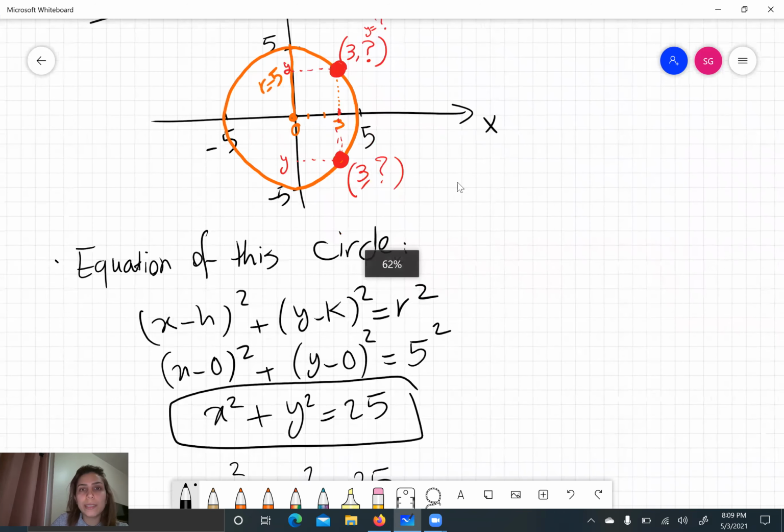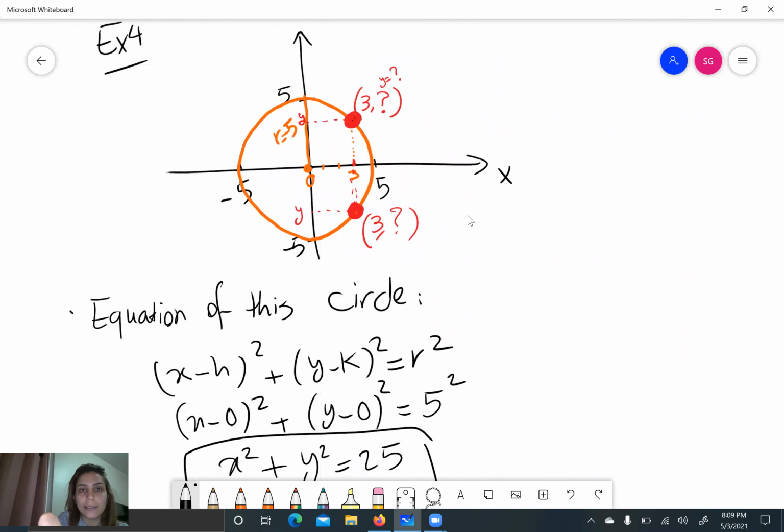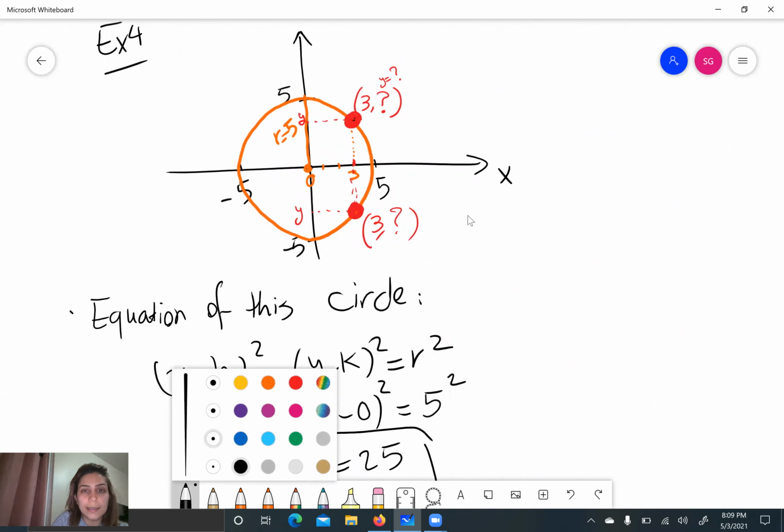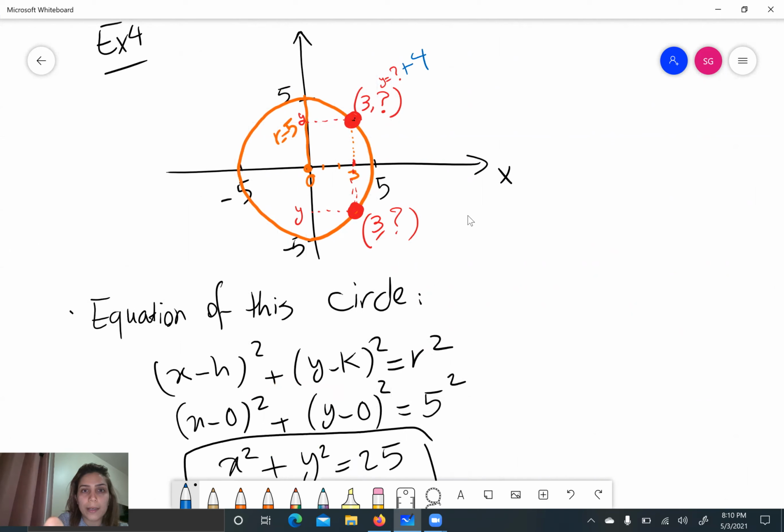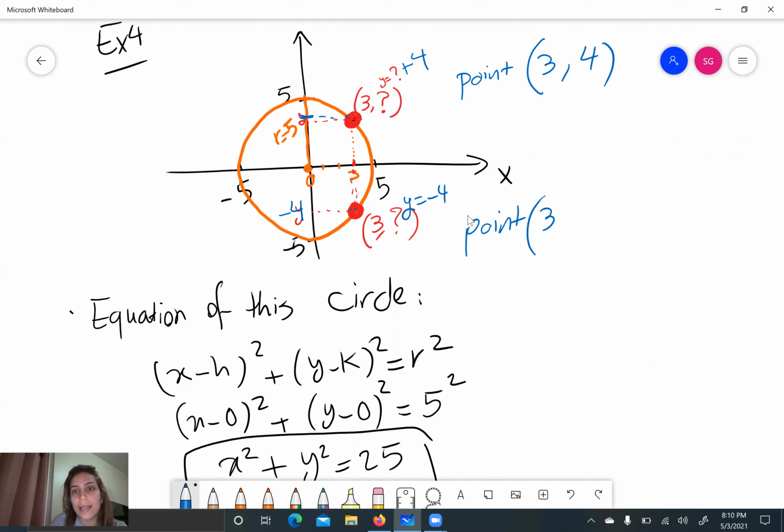Which one is positive 4? Of course, the one on top. This one has y of positive 4, and this one has the y value of negative 4 because the height is down here. So this point is (3, 4), and this point is (3, −4).